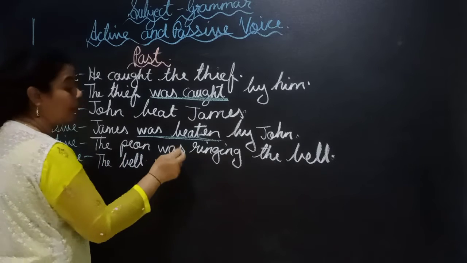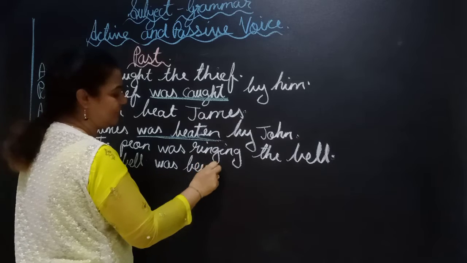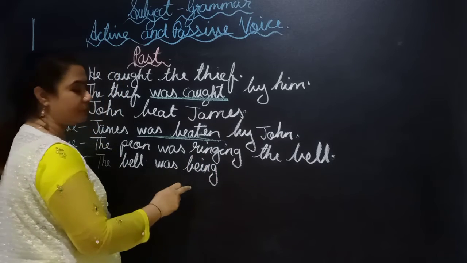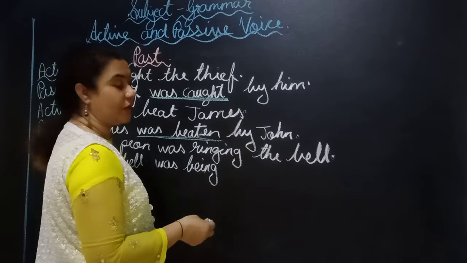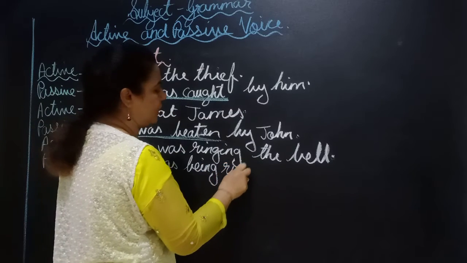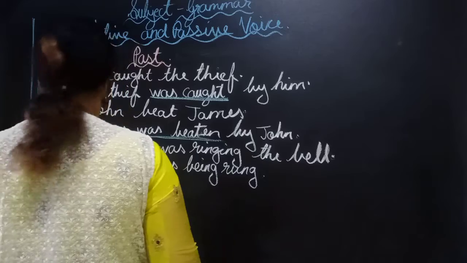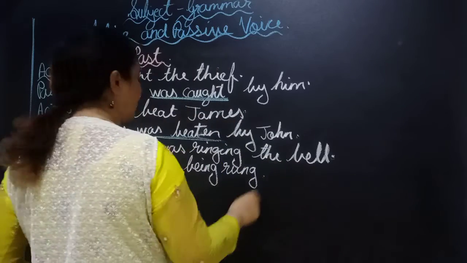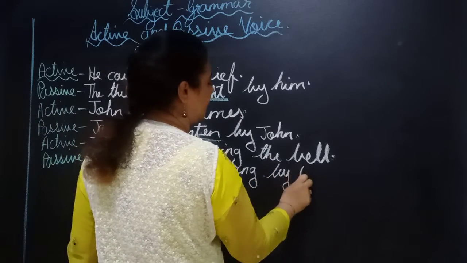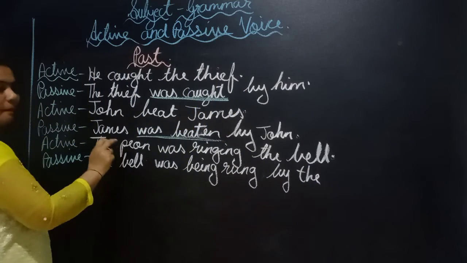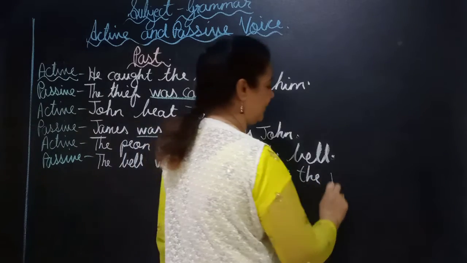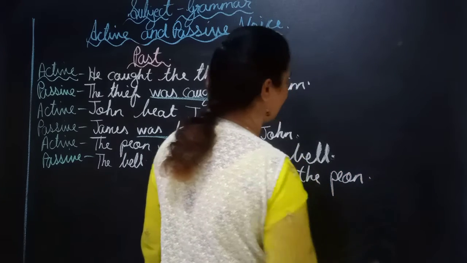Was plus being plus past participle. The past participle of ringing will be rung, R-U-N-G, rung. Was rung by the, who rang the bell? What is the subject? Peon. Right? So this is the continuous form what I have shown you.